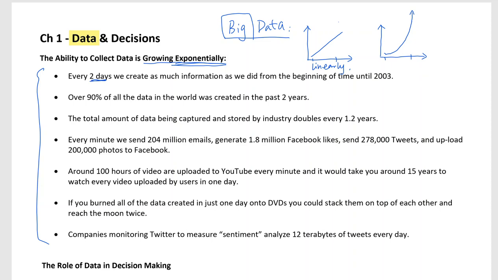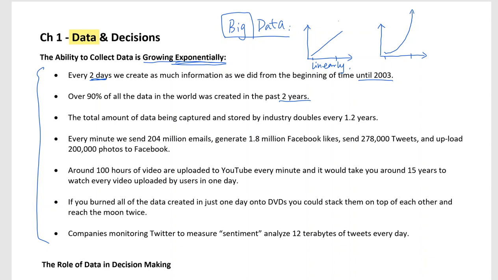I just want to show you why data is so important nowadays. Right, so we say every 2 days we create as much information as we did from the beginning of time until 2003. All right, another one. Over 90% of all the data in the world was created in the past 2 years, just within 2 years.